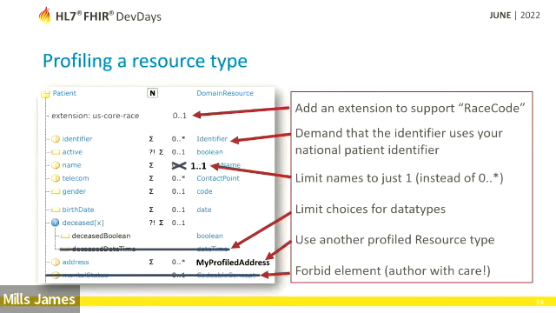And finally, you can also cross out elements, but you have to be aware that you have to author this with care, because it limits the data that you accept as valid. While you could also freely ignore this element if it's sent in a resource instance.